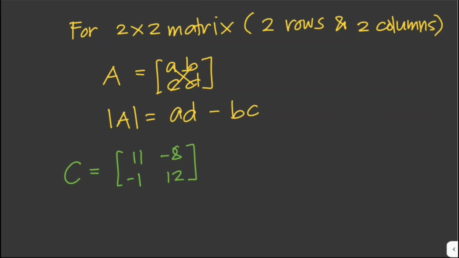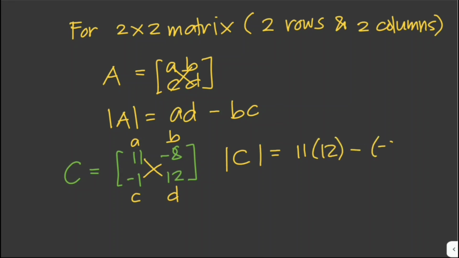Then solve for the determinant of matrix C. So that would just be 11 times 12 minus negative 8 times negative 1. So 11 is our A, negative 8 is our B, negative 1 is our C, and 12 is our D. So this would be 11 times 12 minus negative 8 times negative 1.